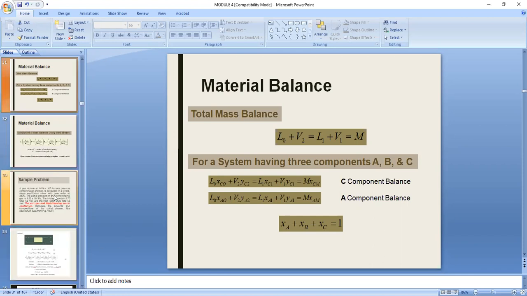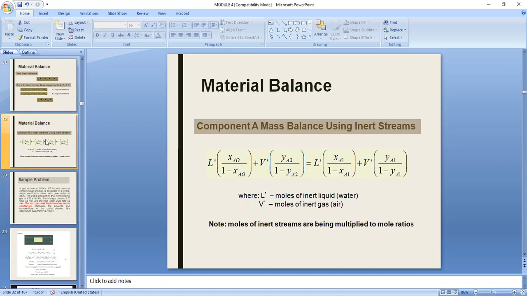So if we have a problem determining the unknown using only material balance and component balance, you have an alternative equation. Both McCabe and Geankoplis use this, which uses the inert amount of the phases. In the case of the liquid phase, the inert liquid is water.